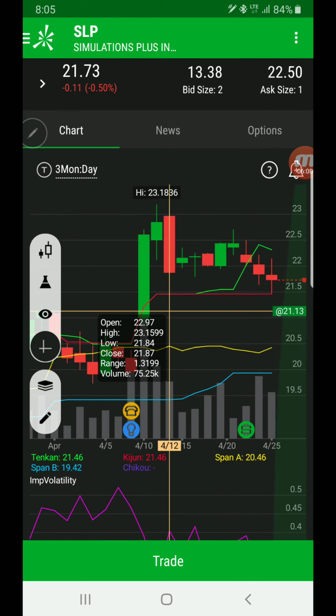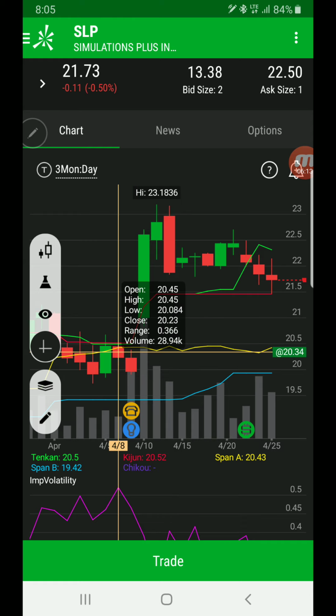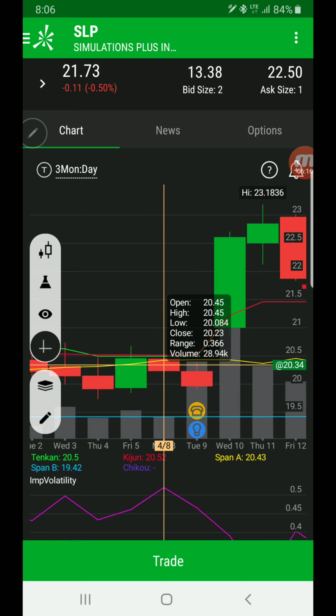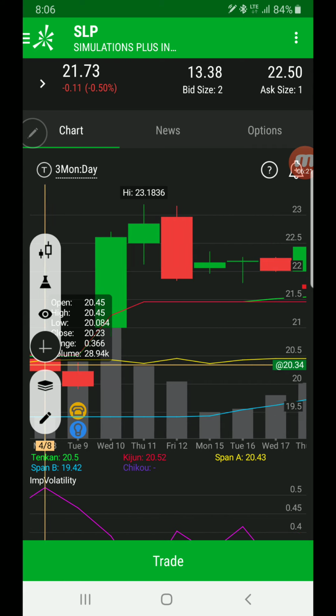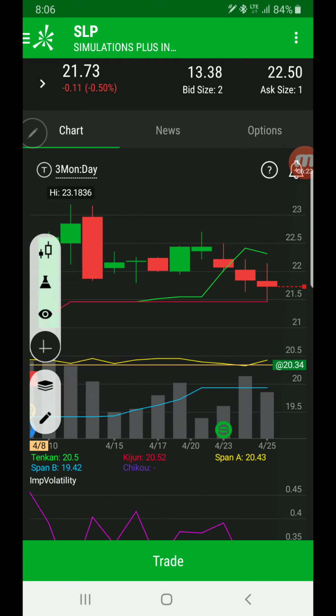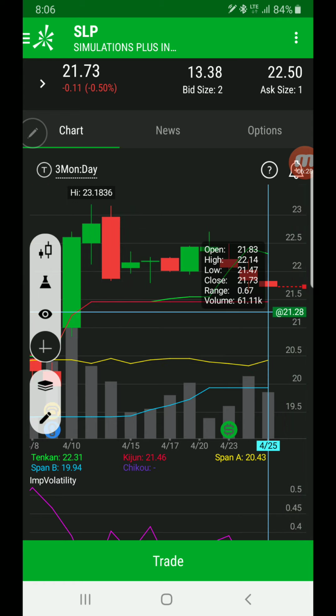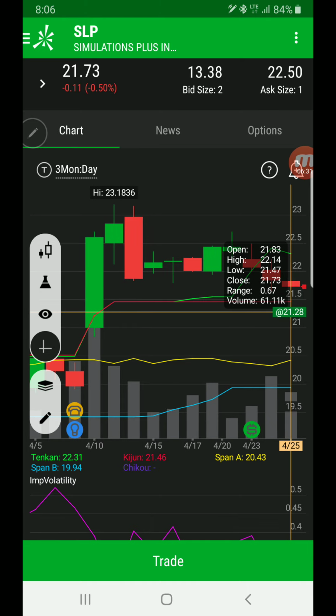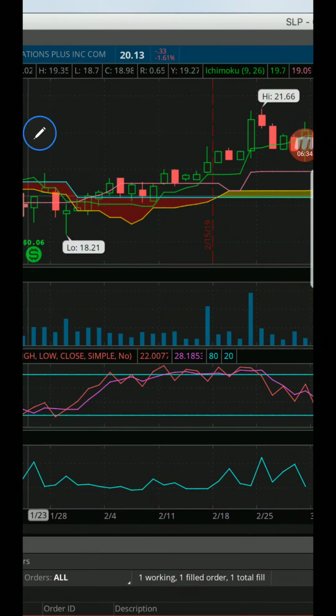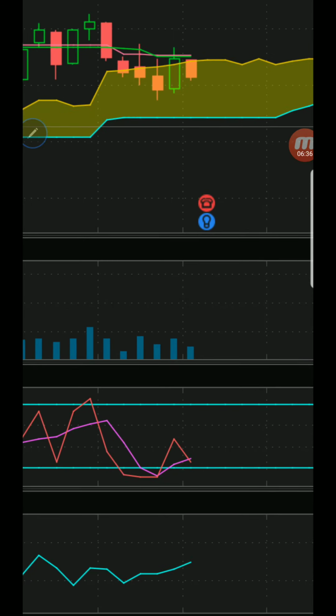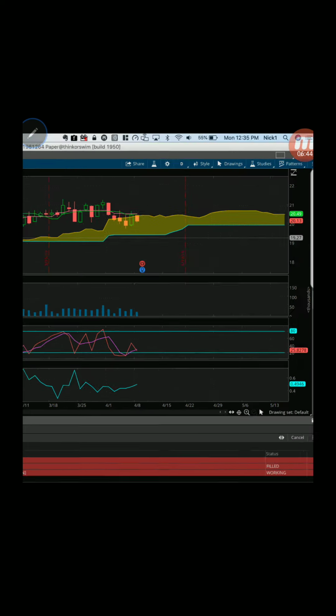So SLP, April 8th, that was here. Oh, look at that. They had earnings and they did extremely well. So it was at 20, now it went up to 23. It's now down to slightly up, 21.73, but still, because that wasn't a reliable Ichimoku reading, it wasn't a consistent reading. Bullish span A with a semi-mixed tenkan with the candles trading below the tenkan. We don't like that.